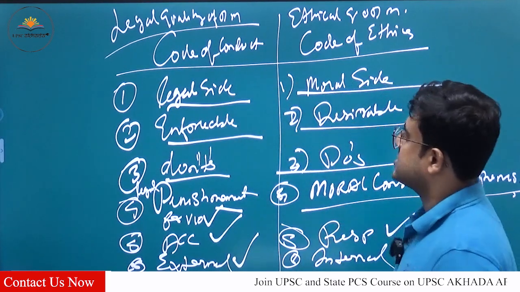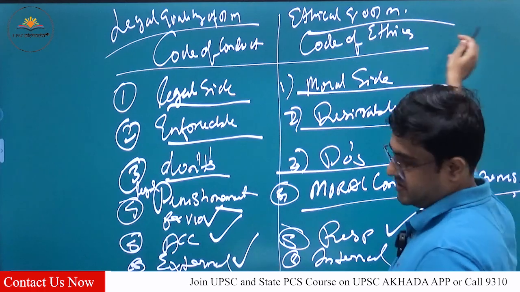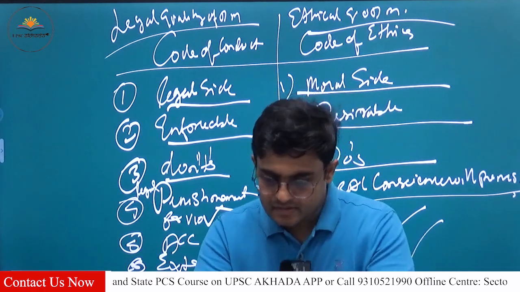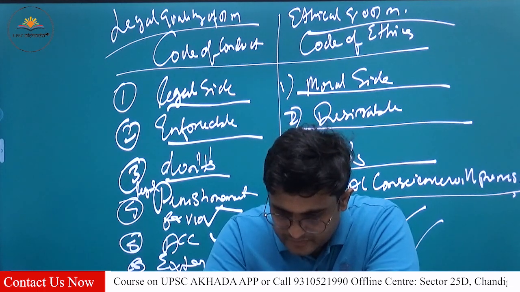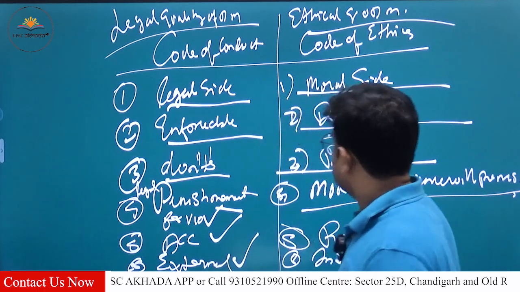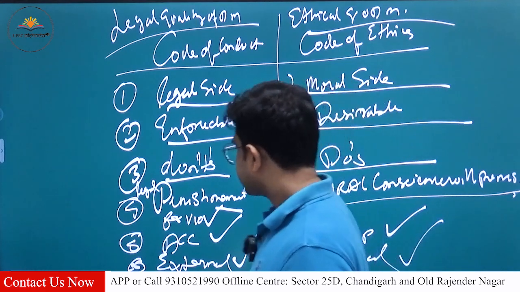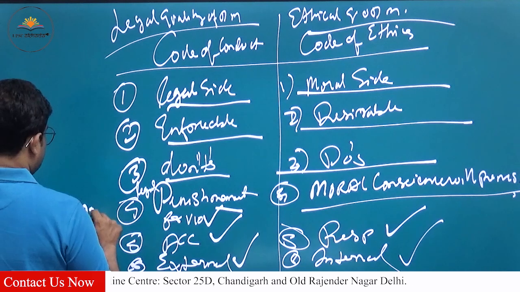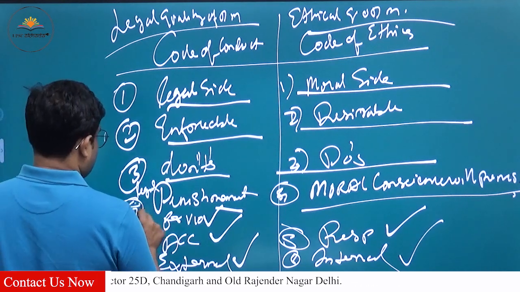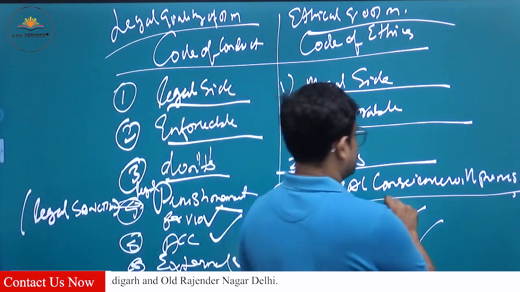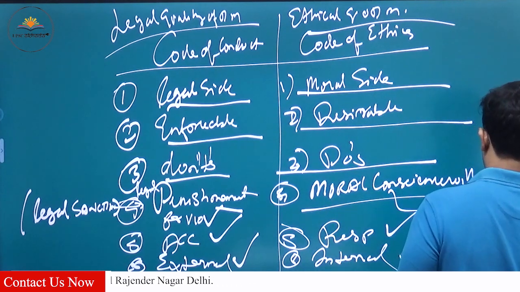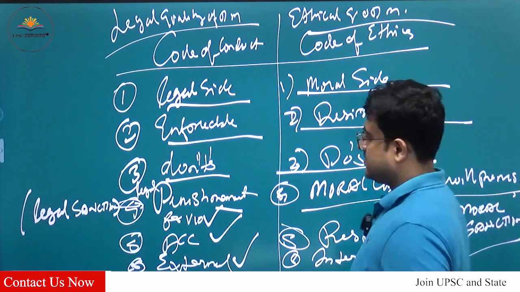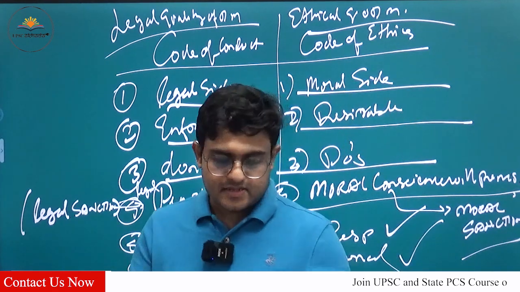Legal quality of decision making. It's ethical quality of decision making. Enforceable, desirable. That is, it has legal sanctions. This has moral sanctions. Punishment for violation means legal sanction.